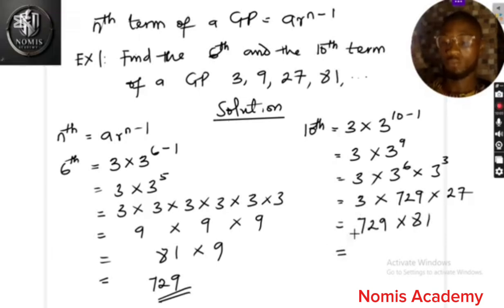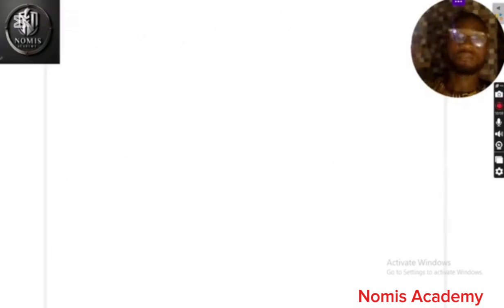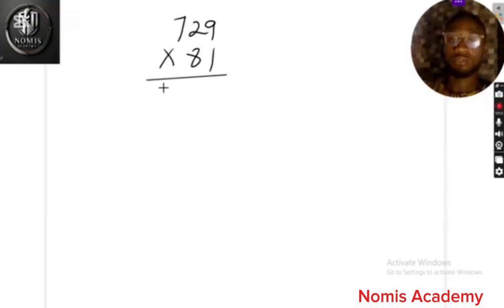For the sake of those that want to calculate without a calculator, let's try it out. 729 multiplied by 81. So you have 729. 8 times 9 is 72. You have 7. 16 plus 7 is 23. So you have 3 remainder 2. 8 times 7 is 56. 56 plus 2 is 58.